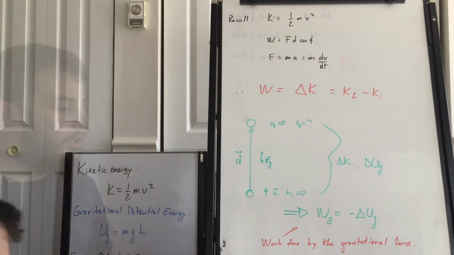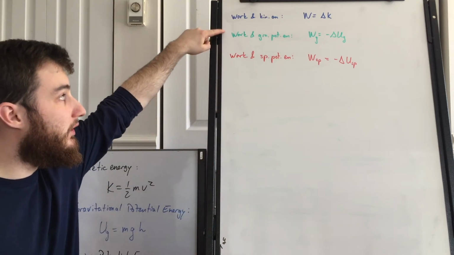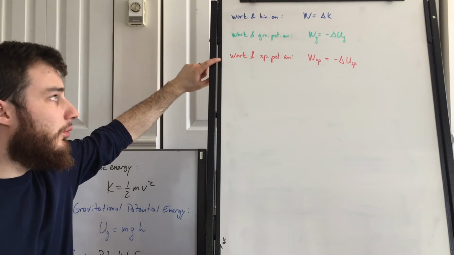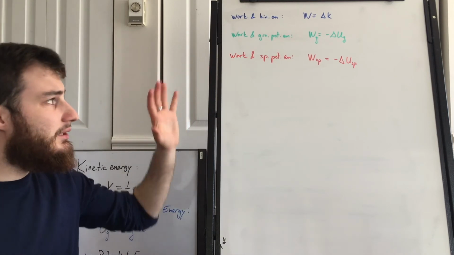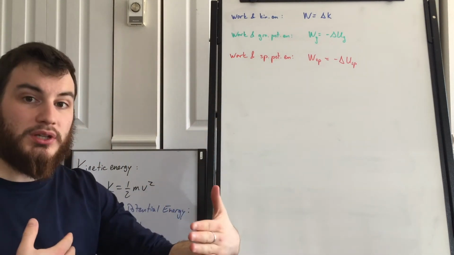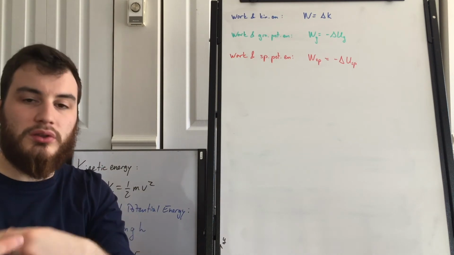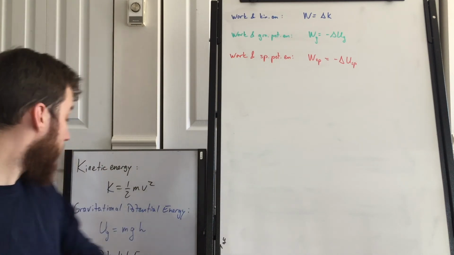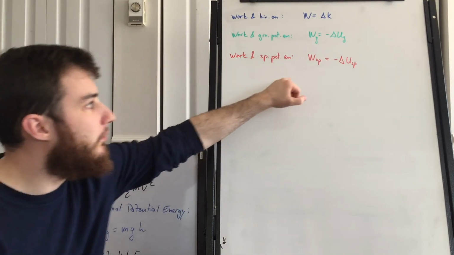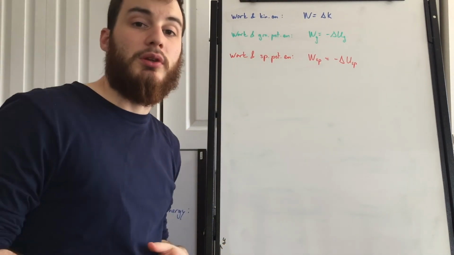A similar analysis to what we did to link the work and the gravitational potential energy can be done to link the work and the spring potential energy, and it yields the same result. When we observe the change in spring potential energy, and then we try and find the work related to that with the spring force and the definition of the spring force that we don't have here, we find that the work done by the spring force is equal to negative the change in spring potential energy.